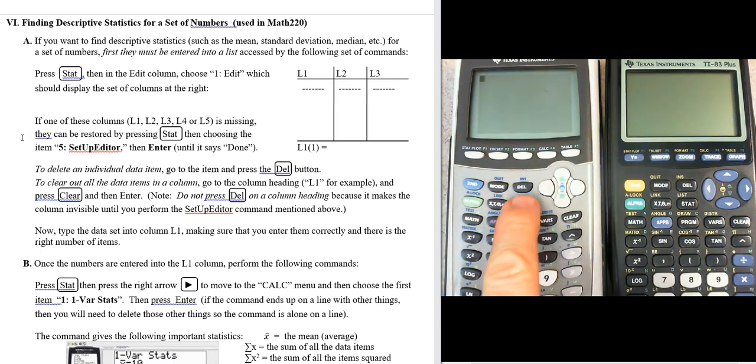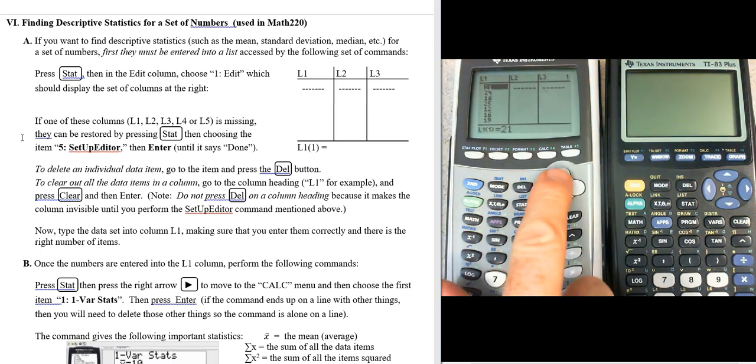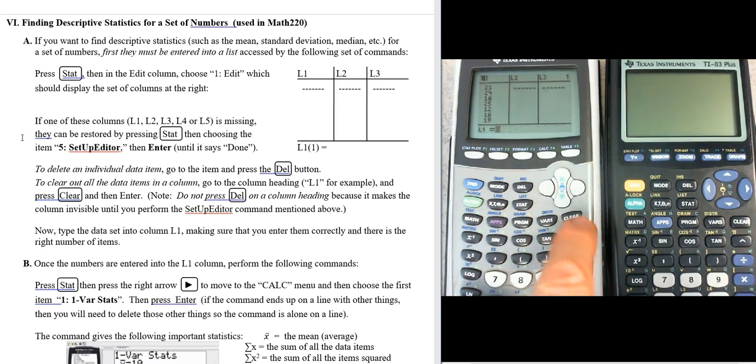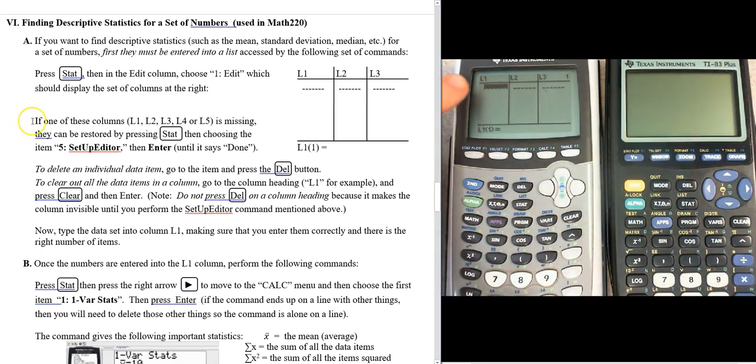If you hit Stat and go to Edit, now in there you'll see various columns where you can put in data. These are editing columns, so I can add my data, edit my data, whatever I want to do with my data. So let's say we put in a bunch of numbers.